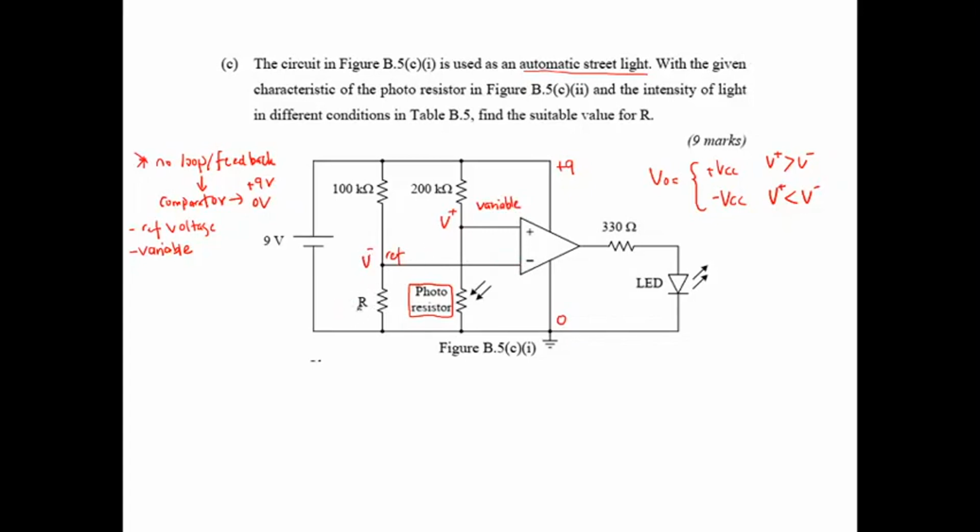So the value of R is important to set the reference voltage. Using the voltage divider, V reference is the voltage drop at R, so V reference equals R over R plus 100K times 9 volt. This will become the fixed reference voltage. Okay.